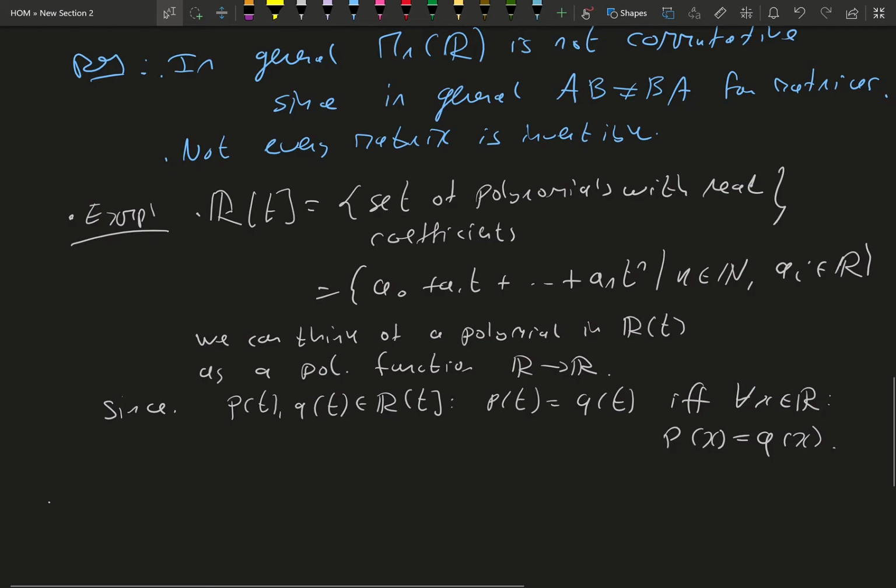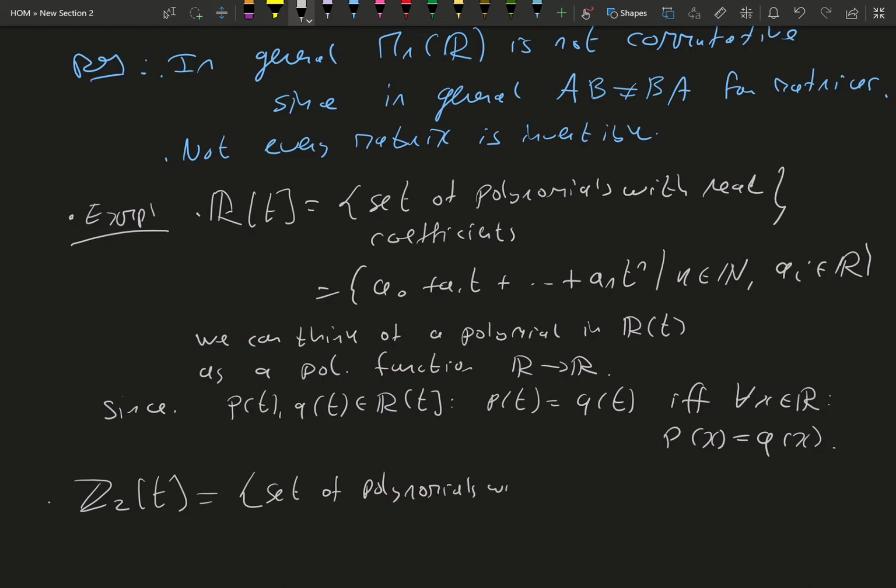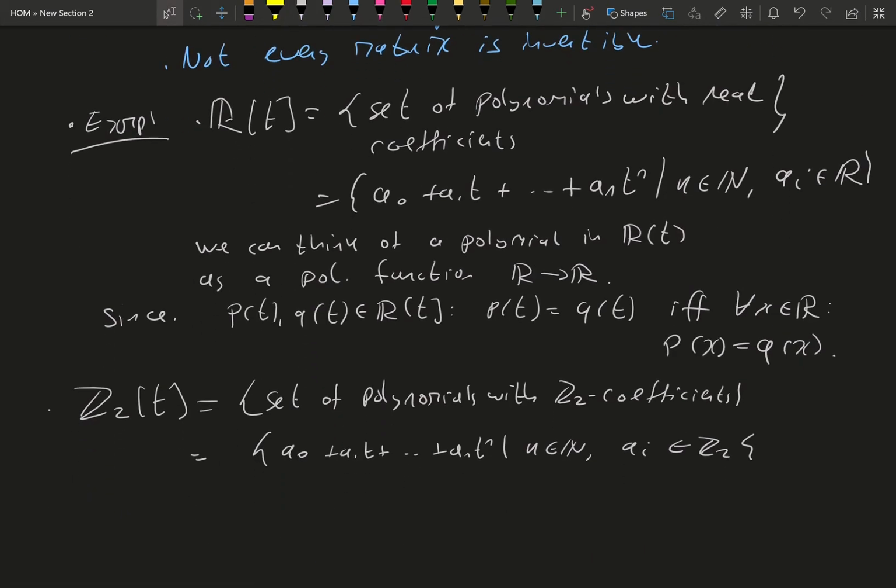special. It's not something which happens in general, because if we take Z2[t], which is now the set of polynomials with Z2 coefficients. So like before, we can write them as a0 plus a1 t plus ... plus an t^n, where n is some natural number, and all the ai are now in Z2, so they are 0 or 1, right?